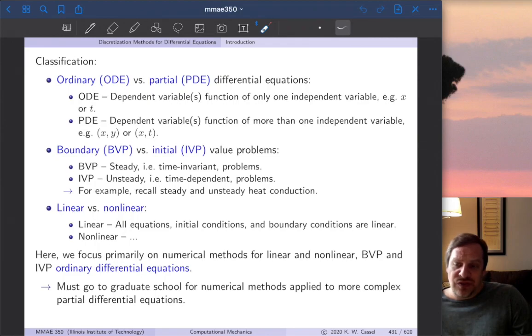Initial value problems are usually in time, so you start at t equal to 0, and you move forward in time. So usually boundary value problems physically are steady, time invariant, so nothing's changing with time, whereas initial value problems are typically unsteady or time dependent problems.